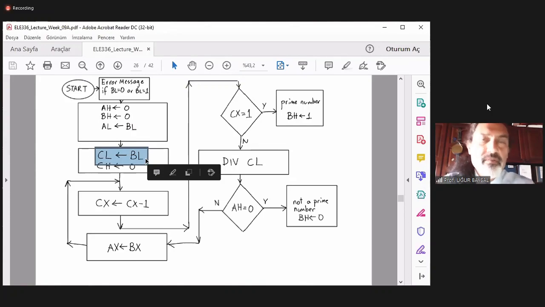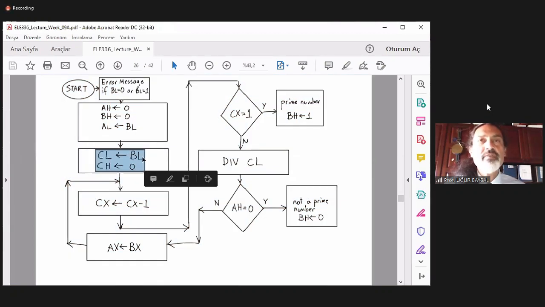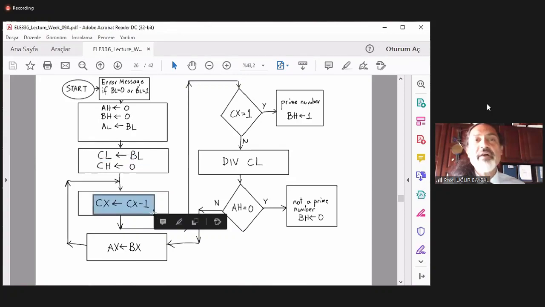We also have to set some kind of counter because we will be starting to test the division remainders starting from 2 up to the number which is 1 less than the given number. So the counter CX register is set to the value of the given number, and then it's decremented by 1 because this is the maximum value which will be tested.